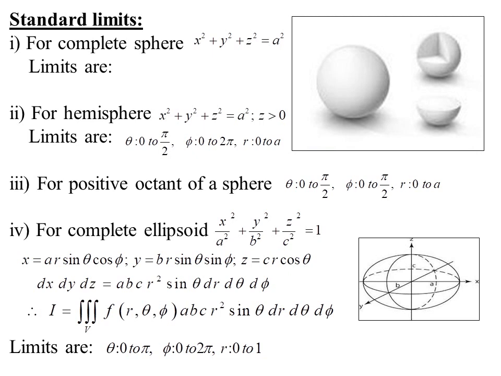And here the limits of phi are from 0 to 2 pi, limits of theta will vary from 0 to pi, and the limit of r here will vary from 0 to 1. As this ellipsoid, while using this transformation, will get converted to a sphere whose center is at the origin and having radius 1. So these are our limits for the ellipsoid also.